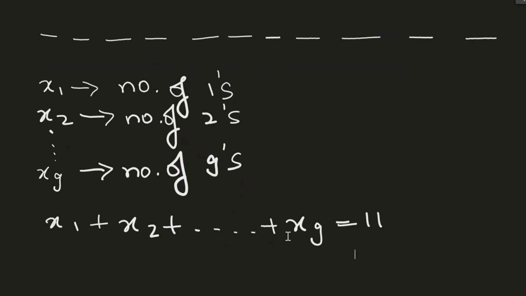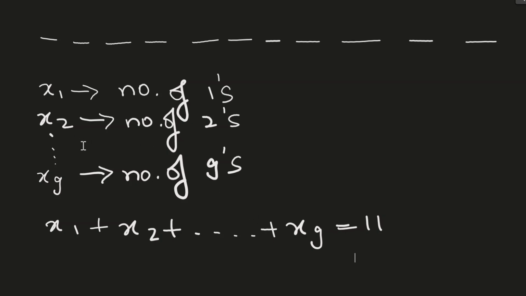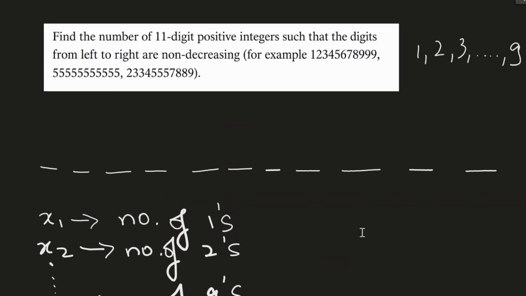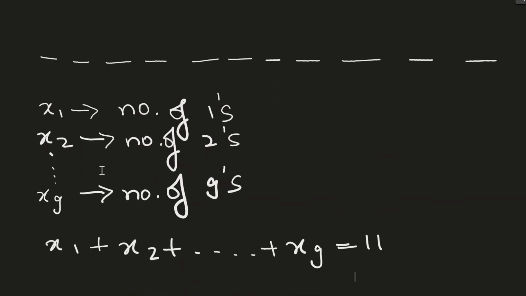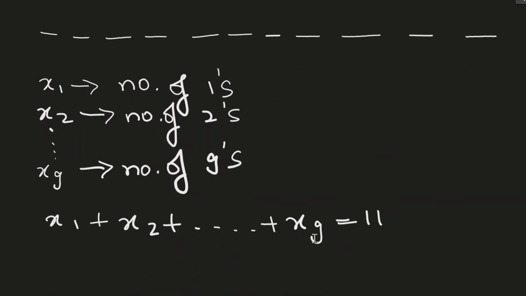There may be a case where we don't use x2 and x9, a number where we won't have 9 or 2, like 1, 1, 1, 1, 1, 1, 5, 5, 5, and so on. So that's why x1, x2, x3, all the way up to x9 can be a whole number as well, and 11 is because it's an 11-digit number. So all the digits have to add up to 11.